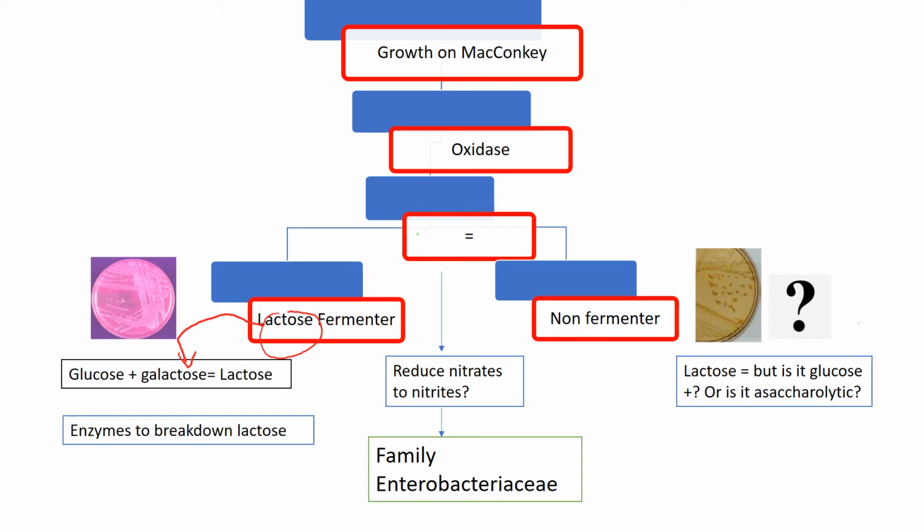So a gram-negative bacillus that is oxidase negative, ferments glucose and reduces nitrates to nitrites are key characteristics of the family Enterobacteriaceae. So let's highlight this topic for today, part 4 on the family Enterobacteriaceae.